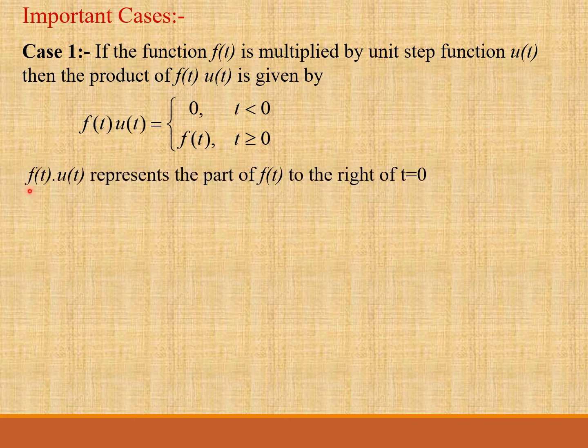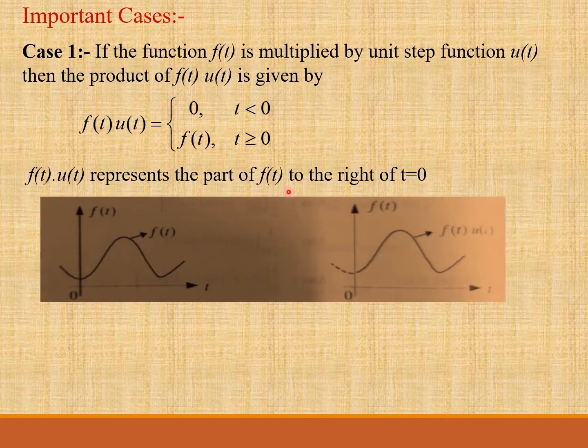And f of t into u of t represents the part of f of t to the right of t equal to 0.